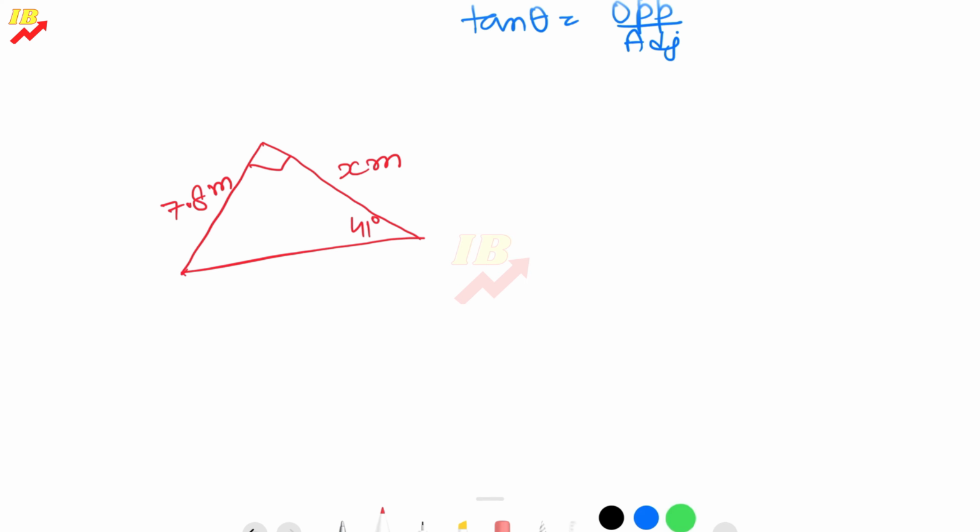As I told you, the first thing is to label all of these. Every time you use the trigonometric ratios, please label the triangle, because without labeling you may get confused. I know that this is the hypotenuse, but I'm not marking it, because I don't need it for now.